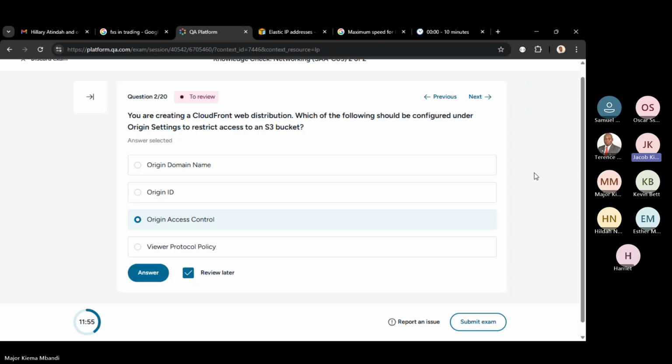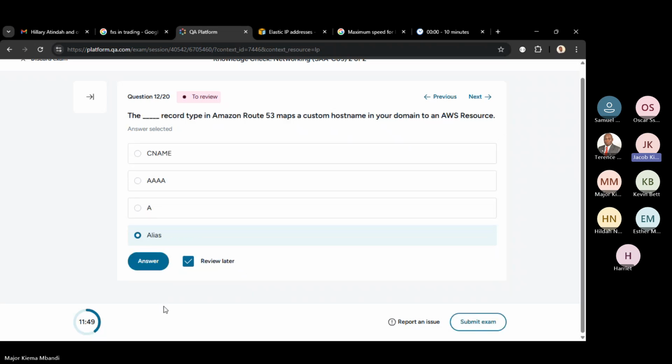I think no one is differing from that, so we can move to the next question. Okay, this one was also in review, and you are all in agreement it is alias. The record that Route 53 maps to a custom hostname in your domain to an AWS resource.